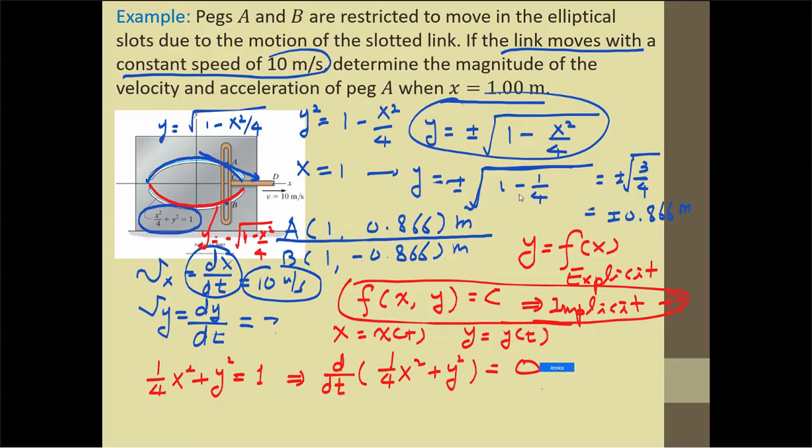On the right hand side, the derivative of 1 with respect to time t is obviously 0. Now, as I told you, in x, t is embedded. So we take the chain rule. Take a derivative with respect to x first: 1 over 4, derivative of x squared is 2x, and we use the chain rule, right?